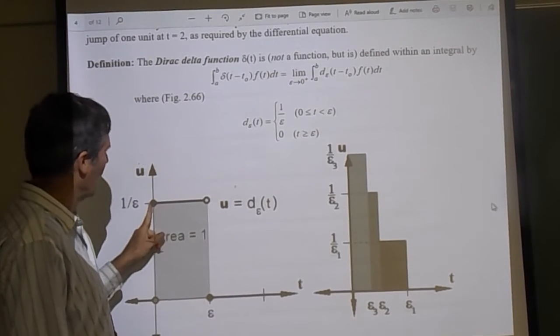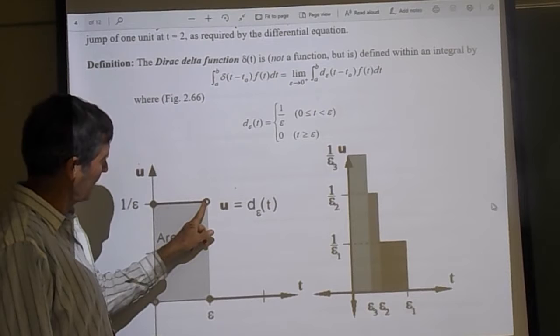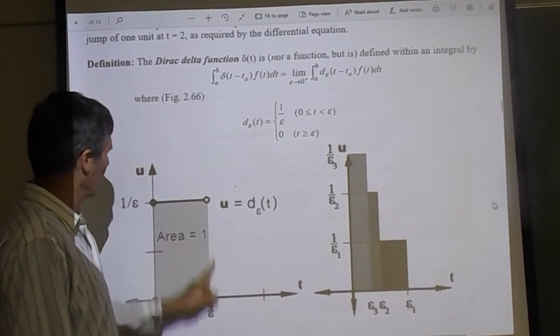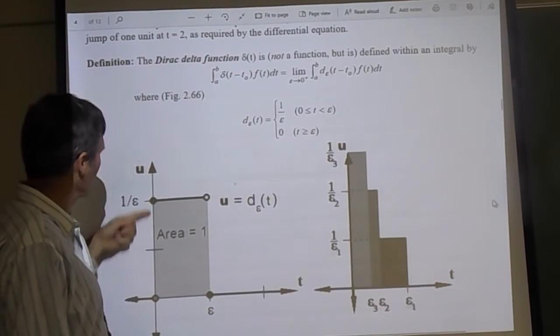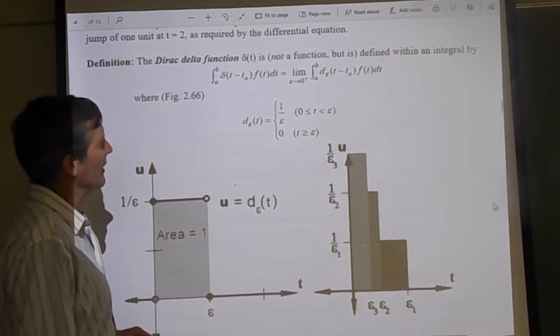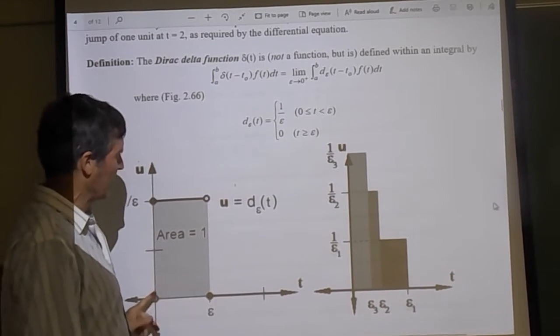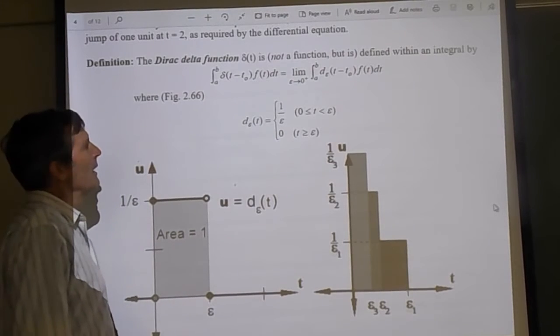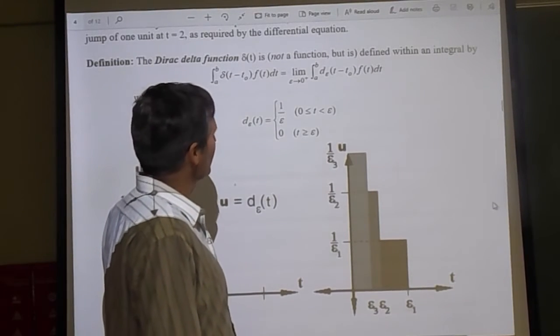It's equal to 1 over epsilon for t between 0 and epsilon, and then at epsilon it goes back to 0. So it's got a rectangular area under here, and since it's 1 over epsilon high and epsilon wide, it's a unit area function. It's equal to 0 except for this unit area between 0 and epsilon. So that'll be d epsilon.